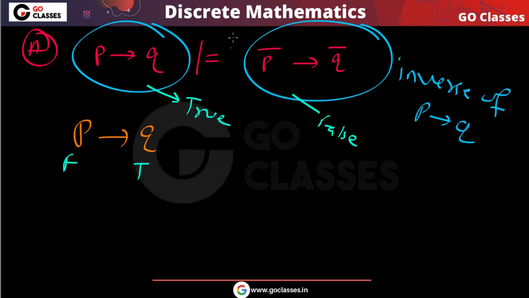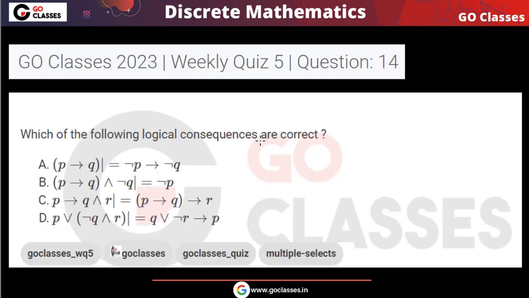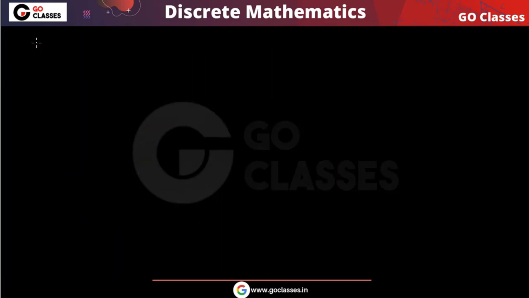So definitely P implies Q does not infer negation P implies negation Q. So this is not correct. Option B is saying that P implies Q and P bar.